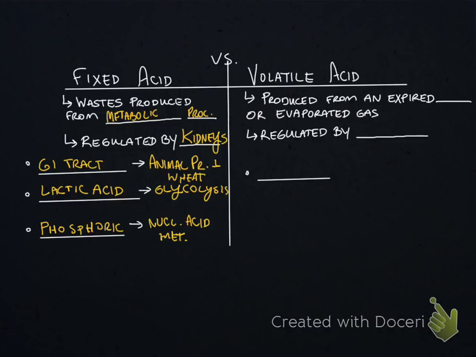Now, the volatile acids, that's basically what? H2CO3. That's the volatile acid, and it's produced from expired CO2 or evaporated gas. This is going to be regulated by which system? Obviously, yeah, the respiratory system. Okay?